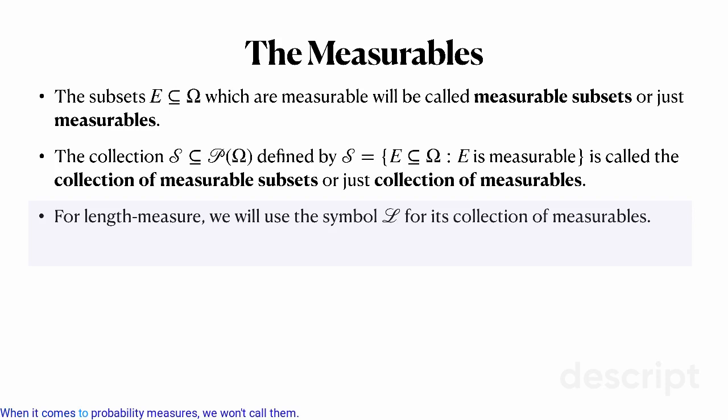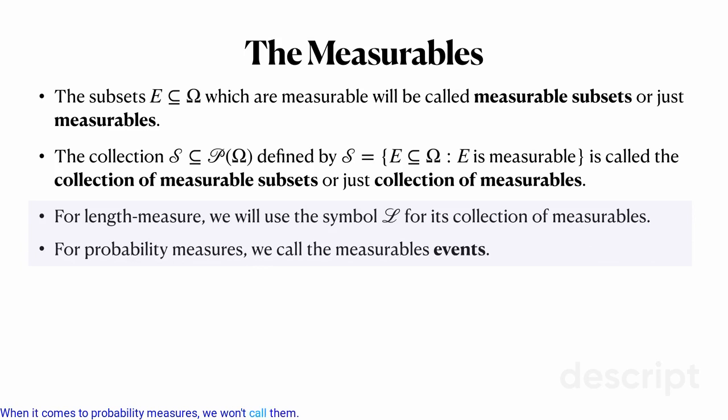When it comes to probability measures, we won't call them measurable subsets. Instead, we'll call them events, right?